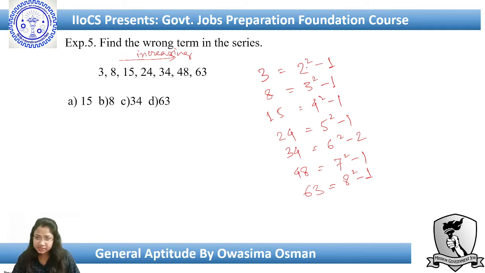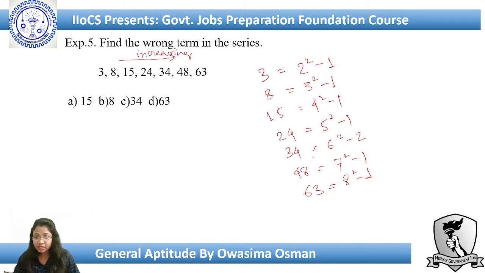So guys, here you can see that all the digits are squares of consecutive numbers in an AP series, that is 2, 3, 4, 5, 6, 7, 8, and then we have to do minus 1 from all the squares.